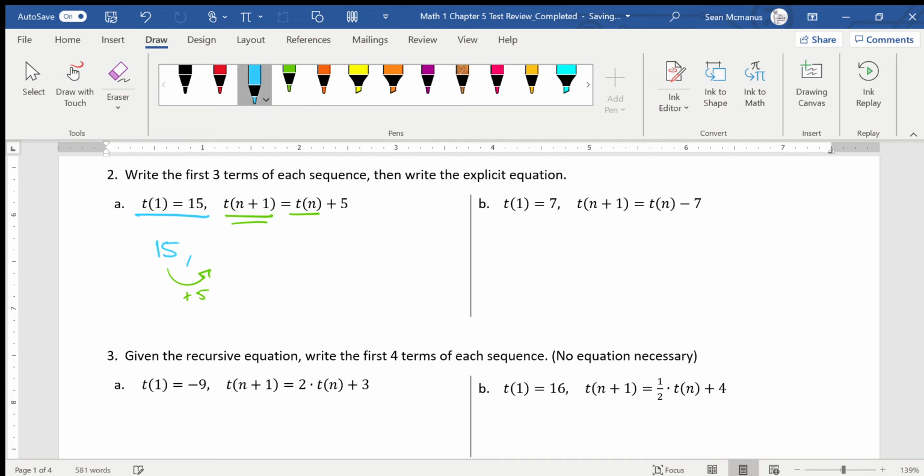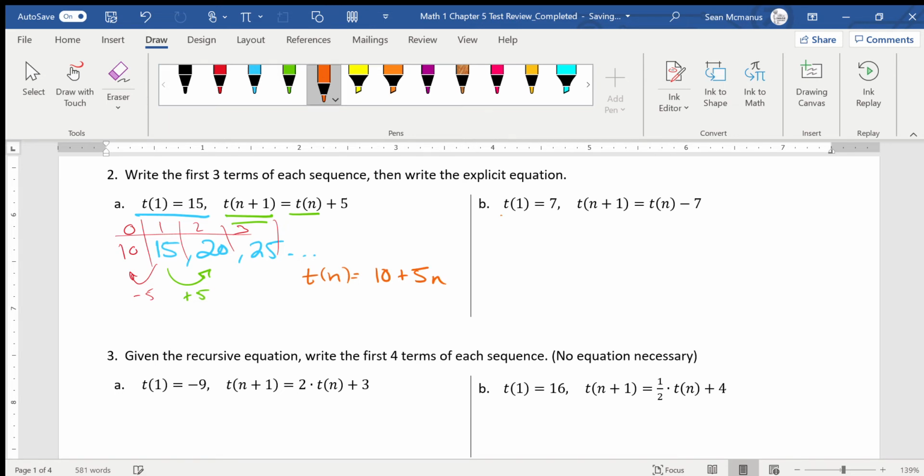So 15, 20, 25, and it asks me to write the explicit equation. I need to find the 0 term right here. So that means I would have to subtract 5 and I would get 10. So my explicit equation equals 10 plus 5n.